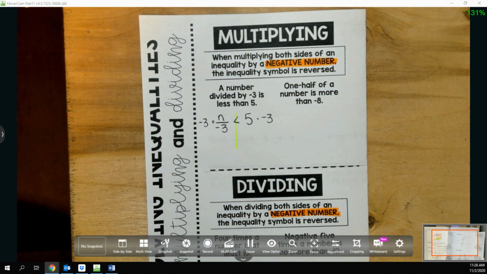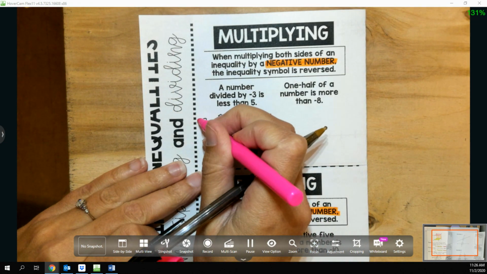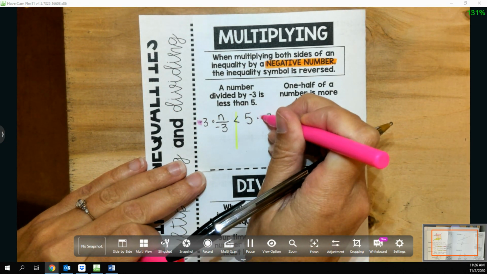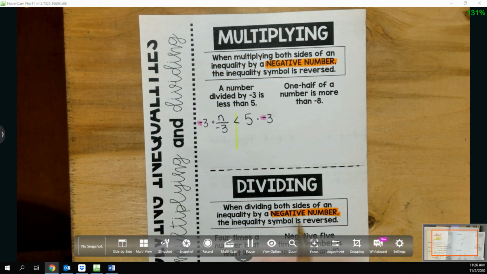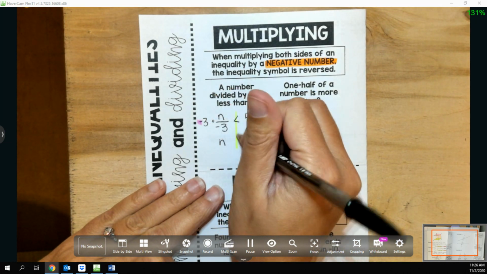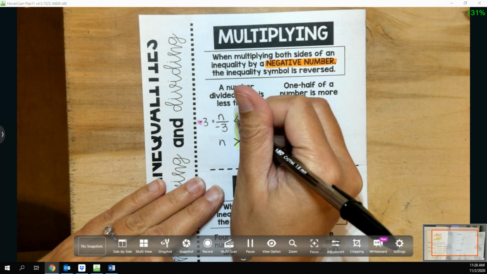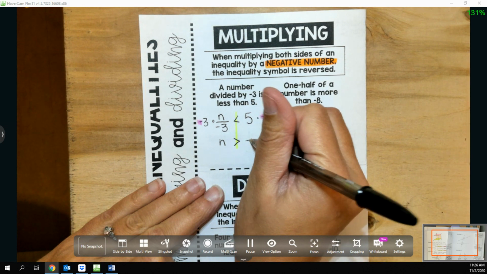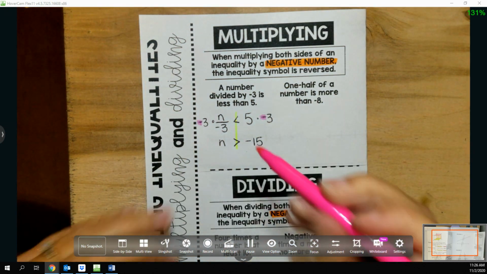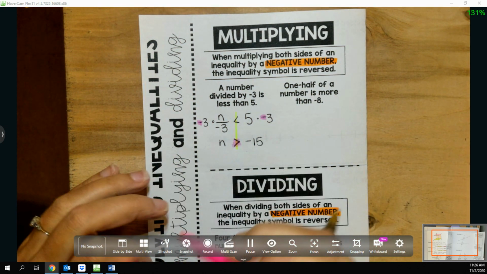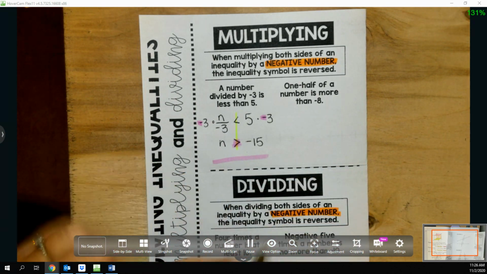And so I multiplied both sides by a negative, meaning that when I simplify, I need to switch my sign, or reverse my sign, and make it -15. So we changed that sign here. This one changed.